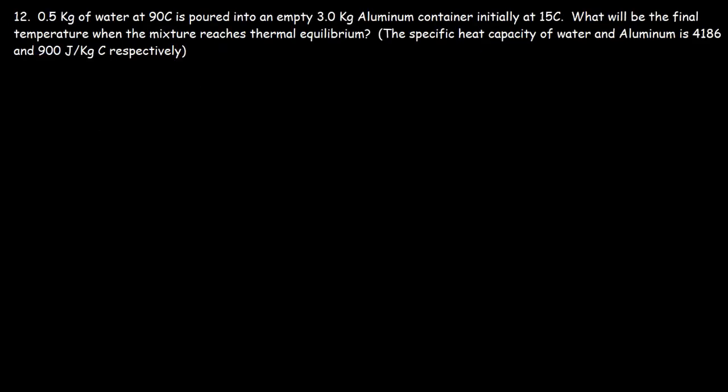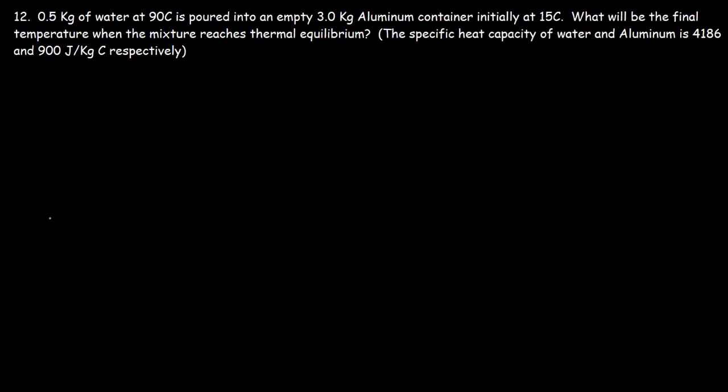Number 12. 0.5 kilograms of water at 90 degrees Celsius is poured into an empty 3 kilogram aluminum container initially at 15 degrees Celsius. What will be the final temperature when the mixture reaches thermal equilibrium?